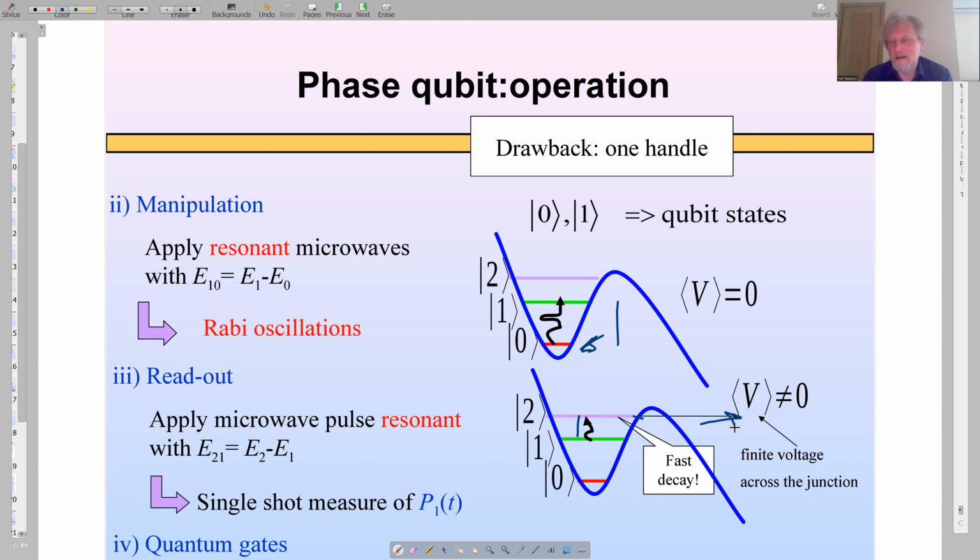Okay, it tunneled, and if you remember the washboard potential, it means that it provides a motion of the Josephson phase in this direction. So it provides, in fact, a voltage pulse which can be detected. So in this way, one can figure out what is the probability to be in the state 1. After manipulation, one can see whether the qubit works. Okay, it's been working.